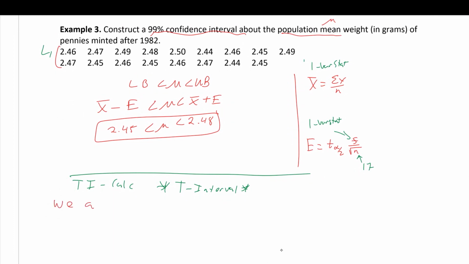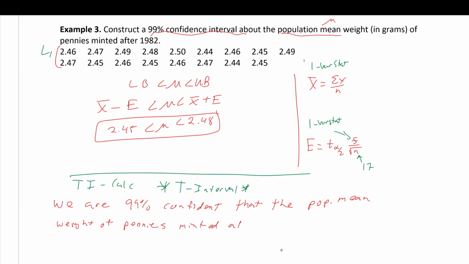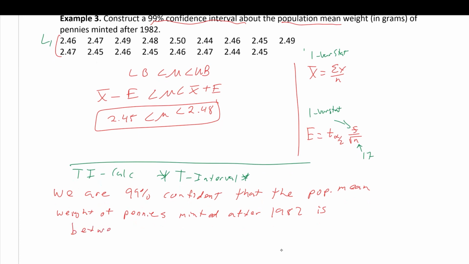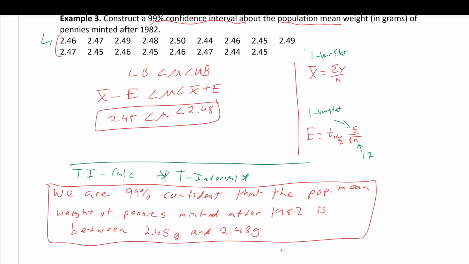We say that we are, in this case, 99% confident that the population mean weight of pennies minted after 1982 is between 2.45 grams and 2.48 grams.